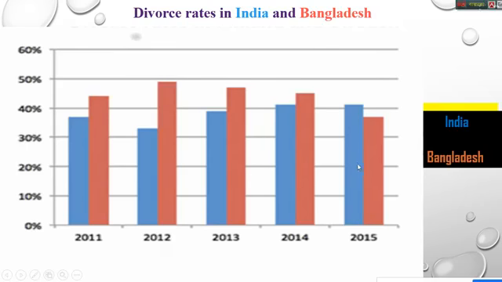So you have to see that the bar chart shows what the position of Bangladesh was in 2001 in terms of divorce rates in India and Bangladesh, and how it fluctuates, how it increases, how it drops, how it falls, and finally what happens in 2015 from 2011.